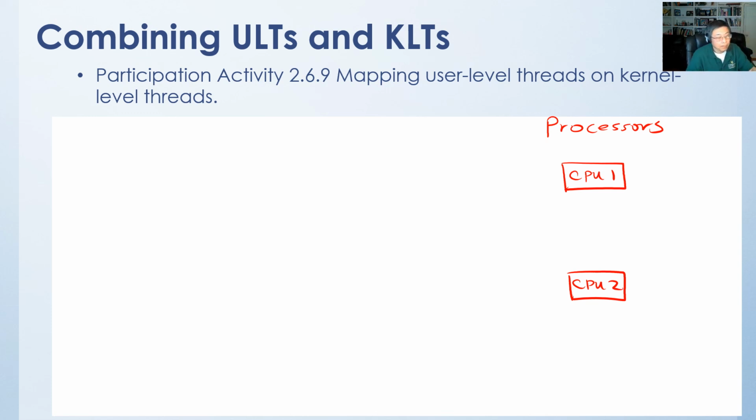Remember that if we only use user level threads, the operating system cannot take advantage of multiple CPUs, because the multi-threading is only running at the user level. The operating system only supports multi-programming, which allows processes to run concurrently, but you cannot take advantage of the multi-threading.